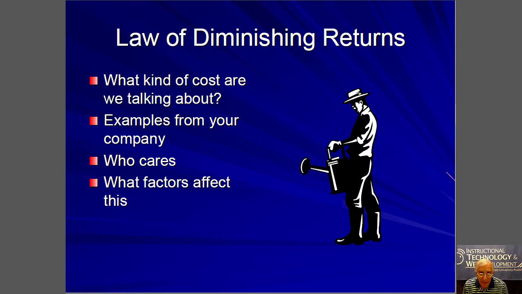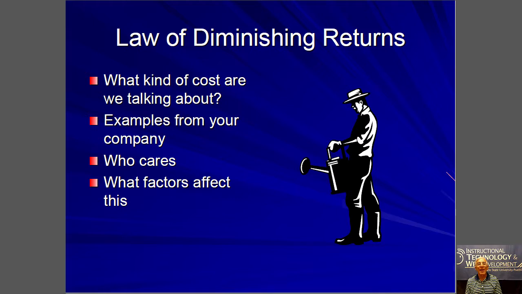However, there's a law in economics called the law of diminishing returns, which says that if you keep adding more and more of an input variable, let's say fertilizer to your lawn, water to your new lawn, as you begin increasing the fertilizer and the water, your grass grows better and better.